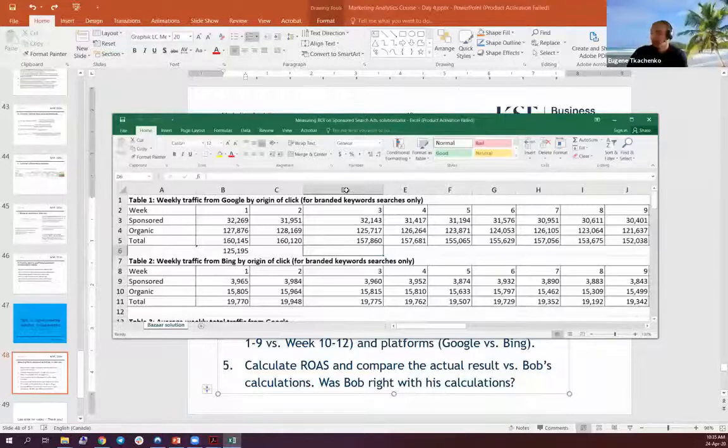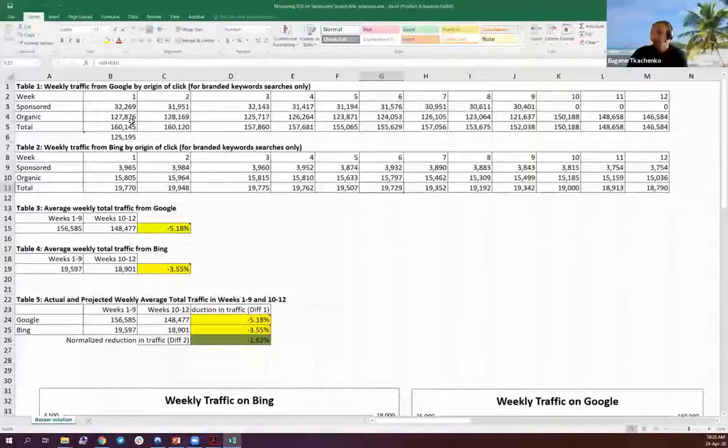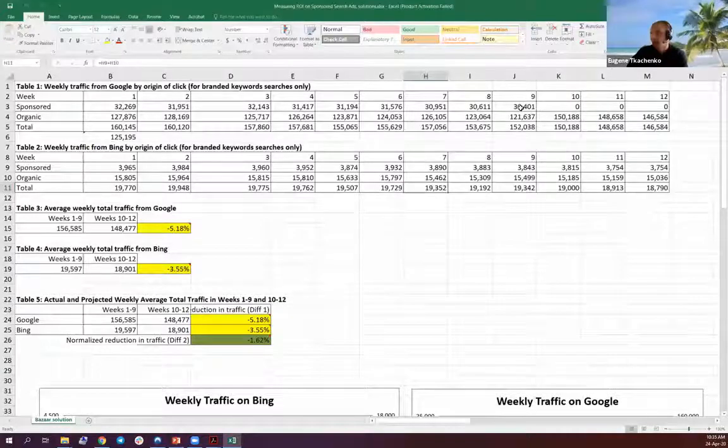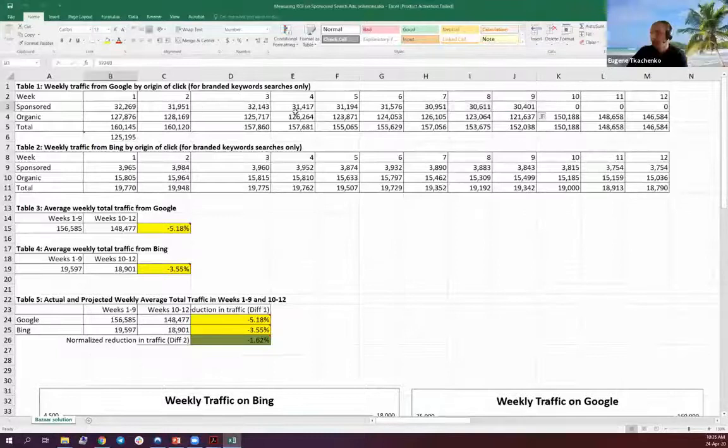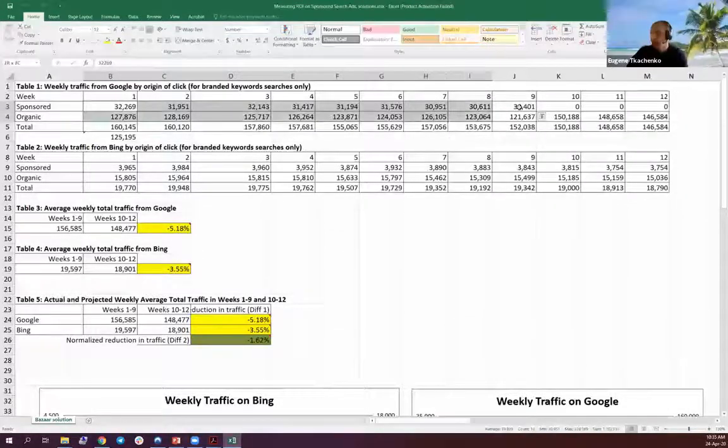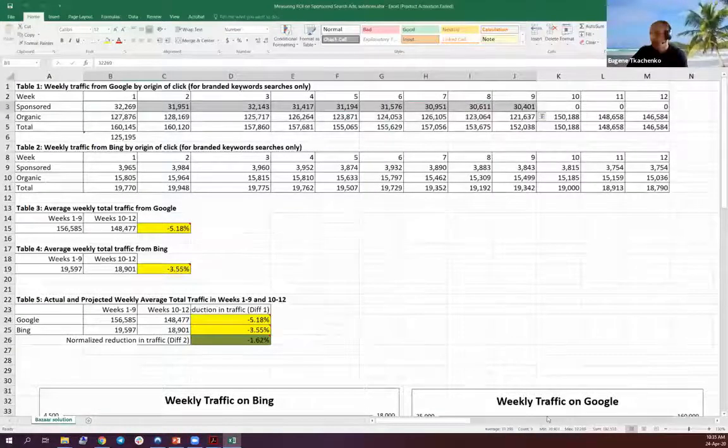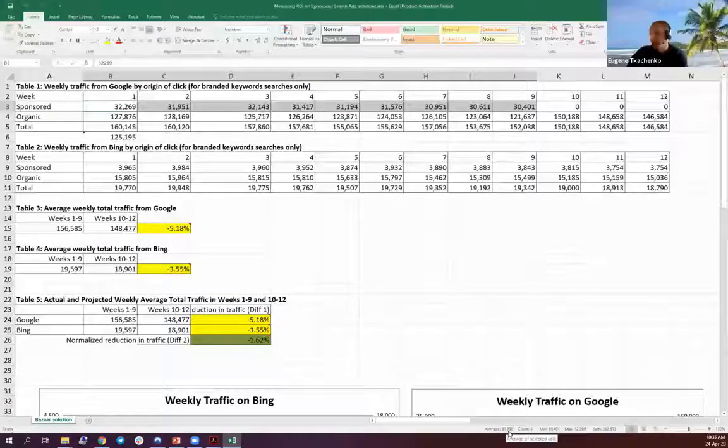So if you're talking about the averages for sponsored traffic for Google only, because we were able to clearly track traffic for the first 9 weeks for sponsored ads, we are most likely dealing with an average of 31.3 thousand clicks for any given week.